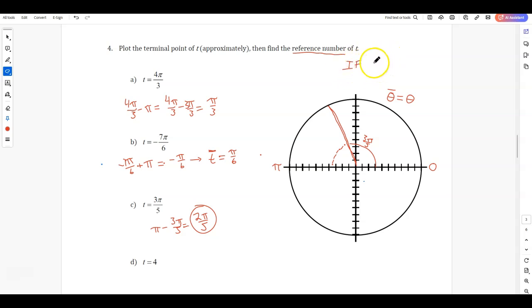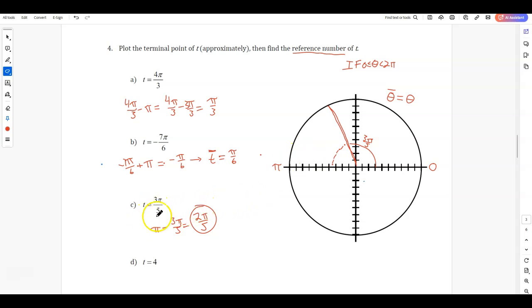So if theta is between 0 and 2 pi, quadrant 1, right, theta is always going to be closest to the x-axis, just however far you traveled. So the reference number or reference angle is the same as the angle.